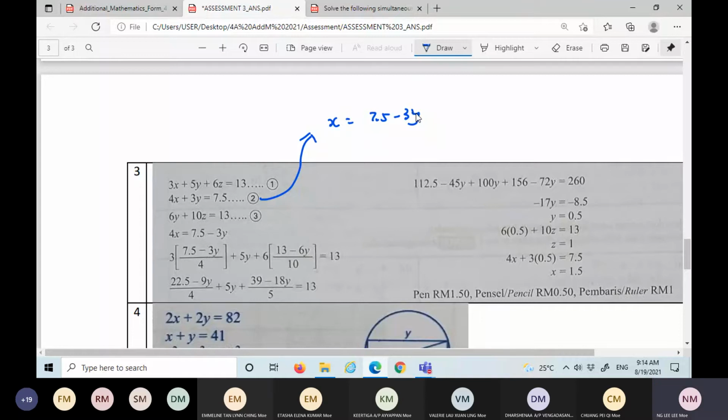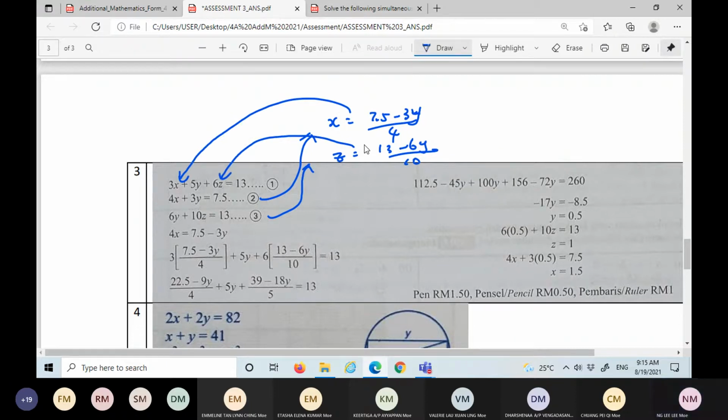This is x. Then from the third equation, you get z as (13 minus 6y) over 10. Then substitute these inside the first equation, then it is settled. When you substitute inside the first equation, you will see this.